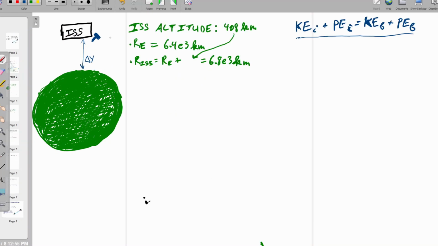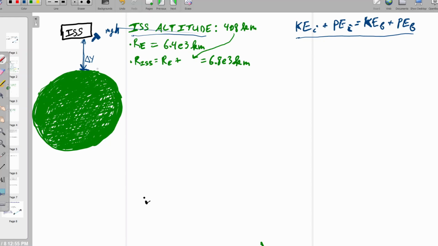So the initial kinetic energy would be 0 because you dropped it from rest. And the initial potential energy would be mg times the International Space Station altitude. We'll just call that h for now. And once you get down to the ground, well, if we use this distance h as the initial starting point, we might as well choose the ground as our reference point.